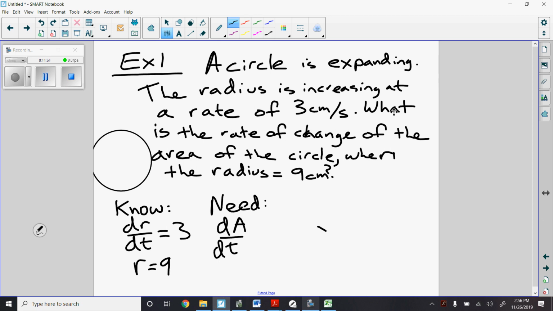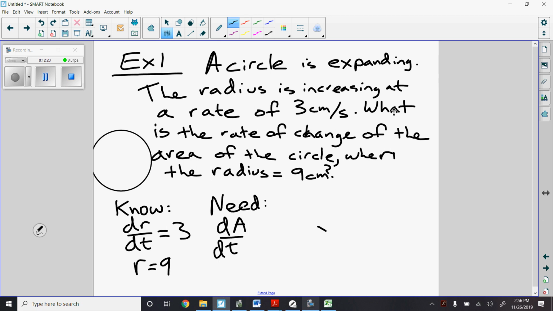And the next thing I have to do here is find an equation that relates what I need to what I know. Well, again, I need information about area, and I know information about the radius. This would be an example of an equation that you will be expected to remember on the test, and we know that the area of the circle is equal to pi r squared.